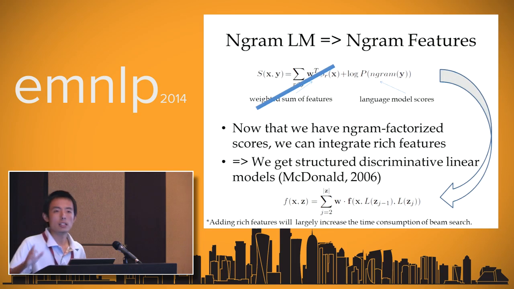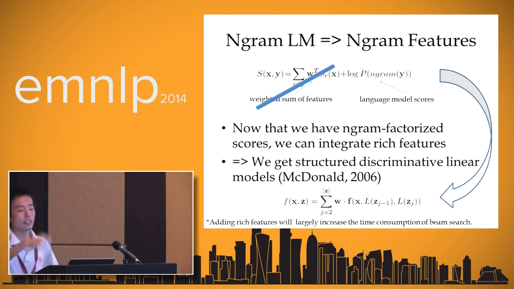Here, Z means the compressed sentence, and also the original sentence. And you can design features on Z. And the function L maps the character in the compressed sentence to the original one. And you can design features based on the character sequence. This is quite similar to the method proposed by McDonald 2006.